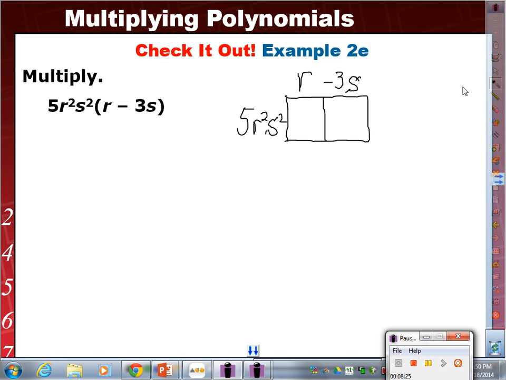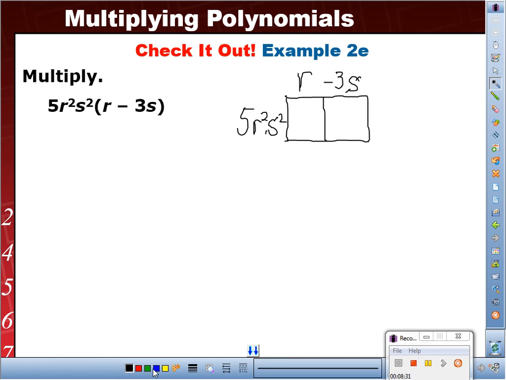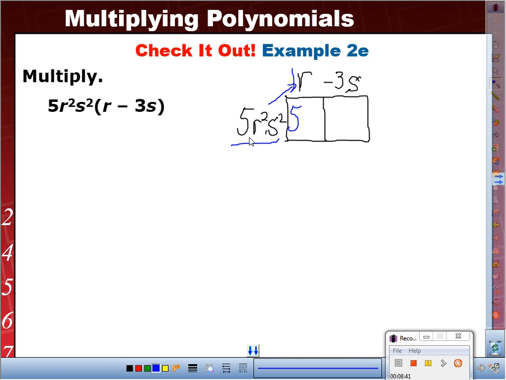Let me find the area of the first part of that rectangle. This whole factor times that one. What's the coefficient here? 1. So 5 times 1 is 5. R squared times r, that's r cubed. S squared times no s, so therefore it's s squared.